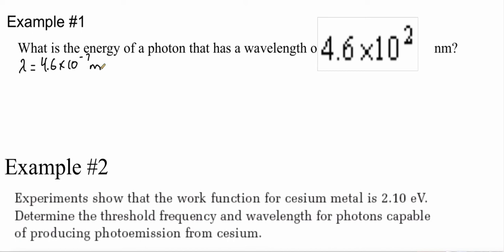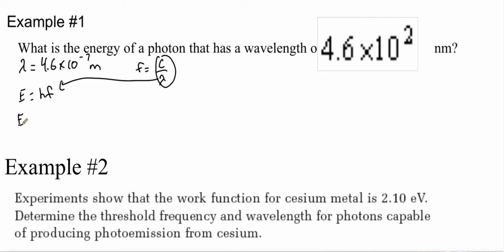Now, what we're trying to figure out is my energy. Well, we know energy is equal to Planck's constant multiplied by my frequency. But we don't know the frequency. But I also know that frequency is equal to the speed of light divided by wavelength. So I'm going to substitute that in.